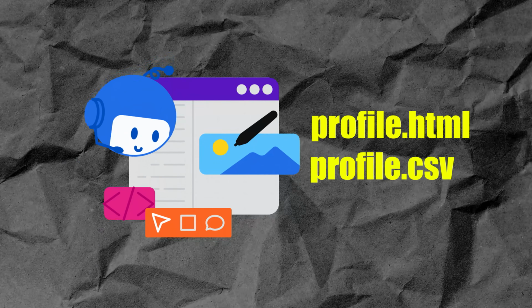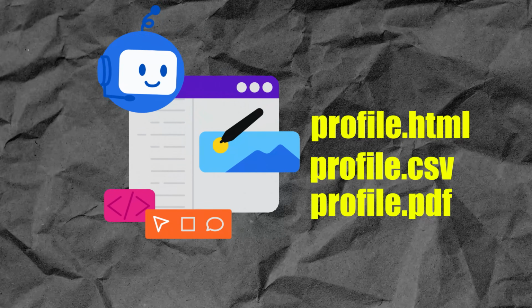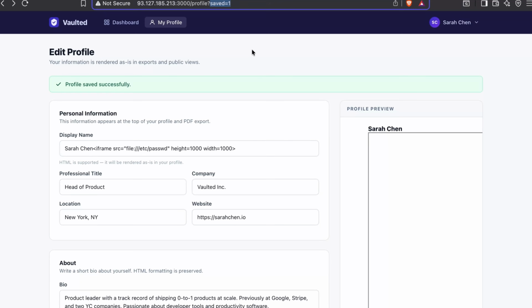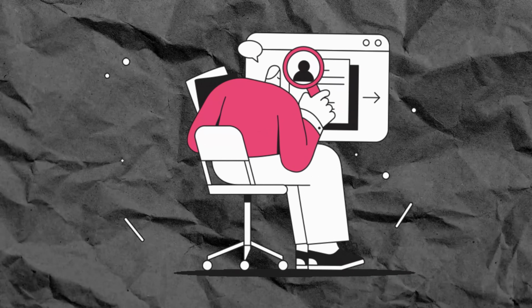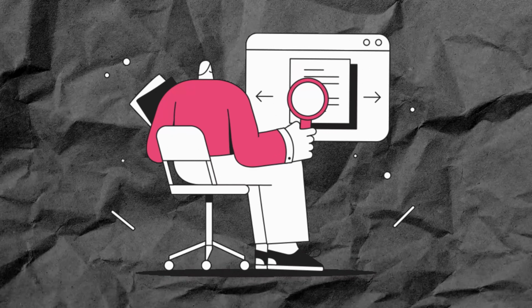Like in my case, I tried profile.html, profile.csv, profile.pdf, and all sorts of things. And then I got to know that whenever you're typing any extension, it is getting displayed in that particular format. And obviously I'm going to attach a link to the Medium article from which this particular video was inspired, from where you can have a more detailed look into how this will appear in a real world scenario. But this is exactly what you need to do in order to find this kind of vulnerability.